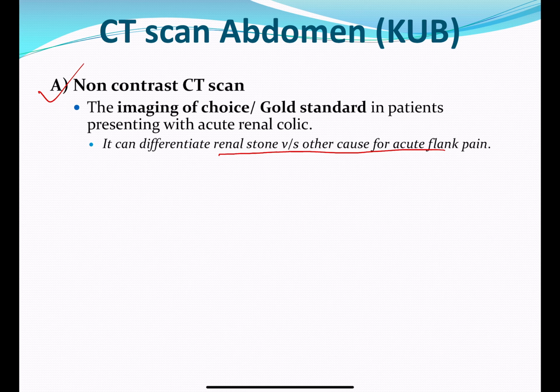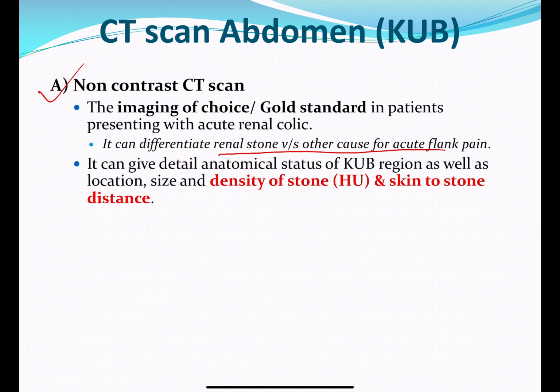So it is very good to differentiate other causes of pain in the abdominal area. And besides that, this is a very good investigation, because it can locate exactly the stone. It can show you the size of the stone, and it can show you the density. Density means it is measured in Hounsfield units.